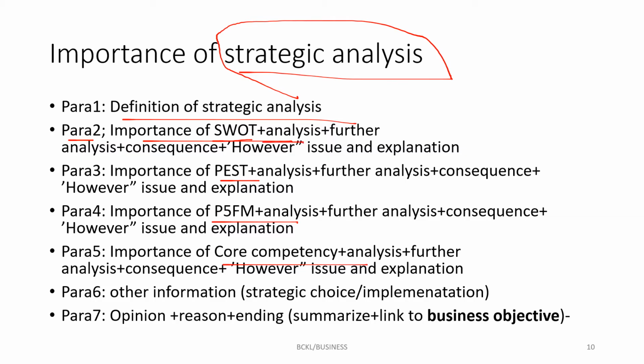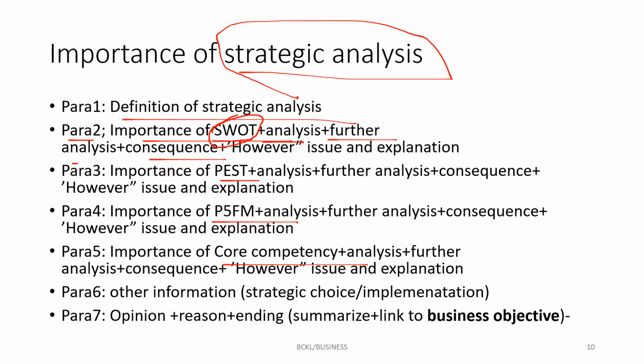So analysis is level 1, further analysis is level 2, and as a consequence is level 3. Now you do not need to talk about all the 4 SWOT: strengths, weaknesses, opportunities, and threats. You can take one, what is there in the case study, and then you further explore.